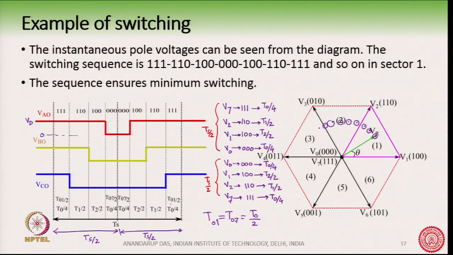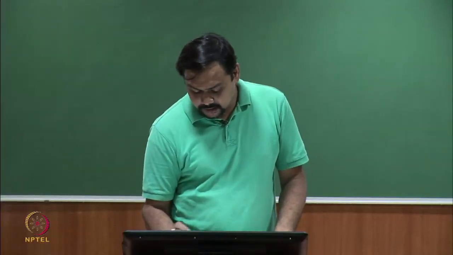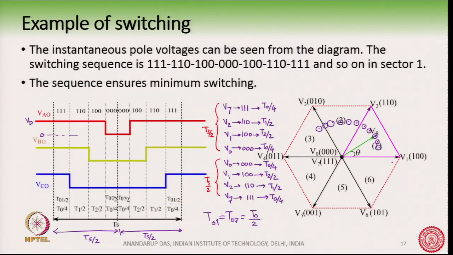So, this is how the reference vector is moving in a circle. So, at each point of time we are basically sampling the reference vector and then having a switching like this and trying to realize the Vr vector, the reference vector.